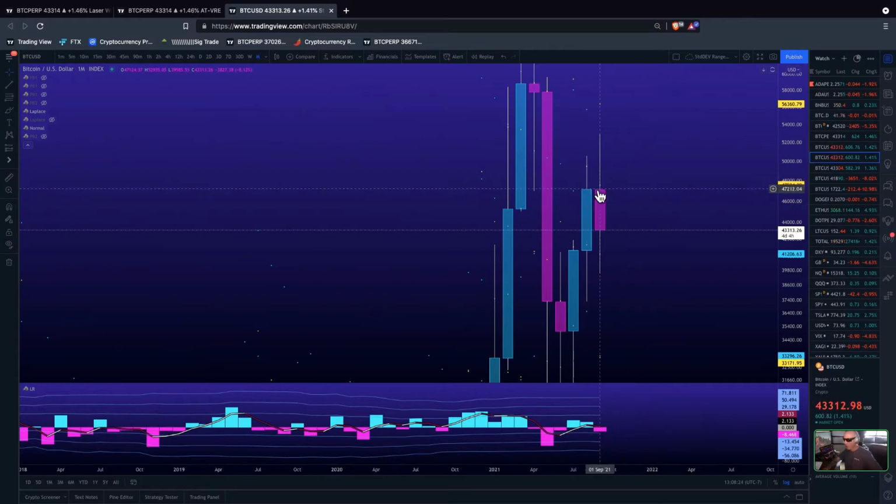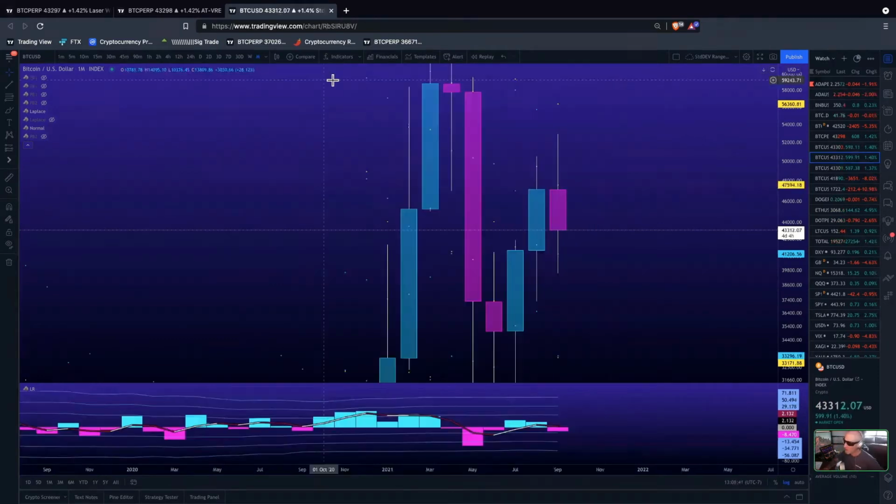Now that would close as a bullish little doji at the end of the month. You can see we close right on that yellow dot. You're going to have a little bit of a blue sliver of a candle right here. It's going to be almost a perfect little bullish doji. We'll see what happens though.